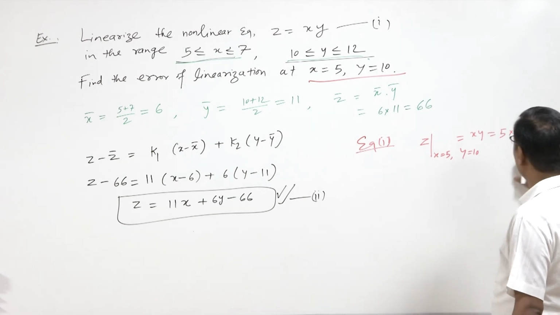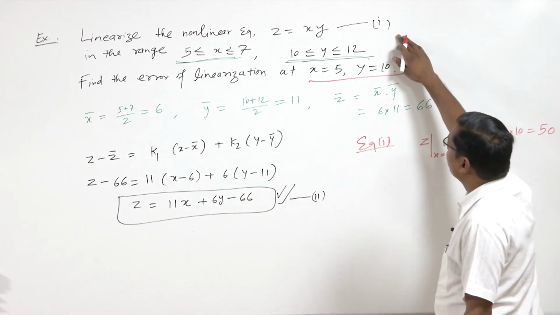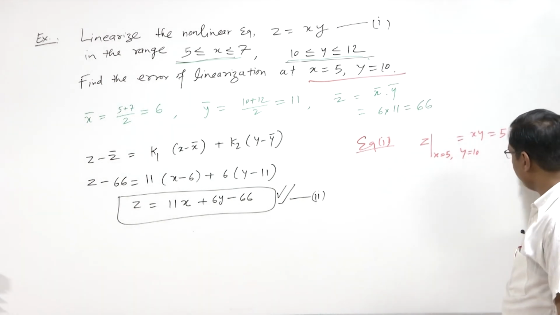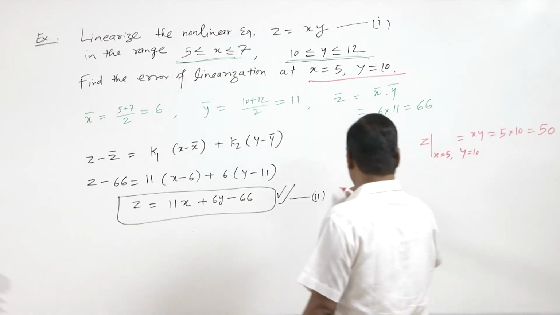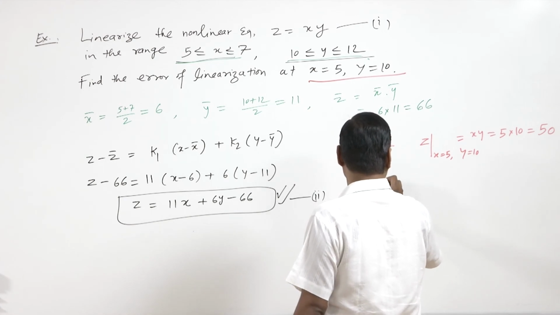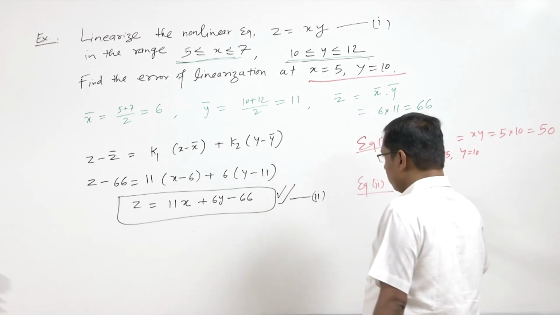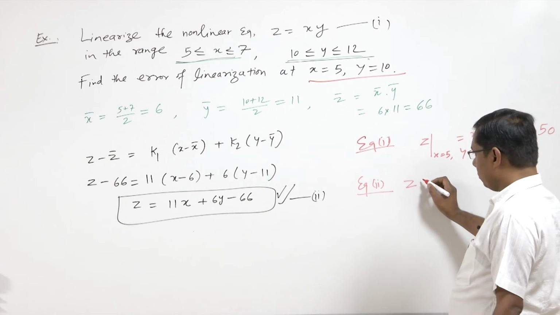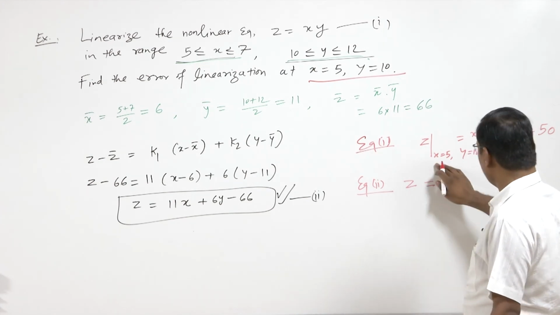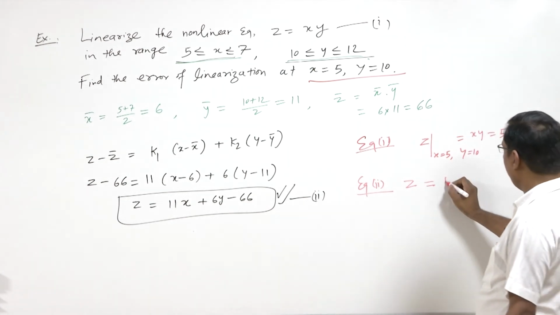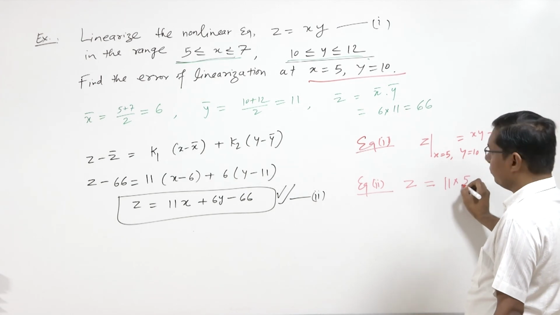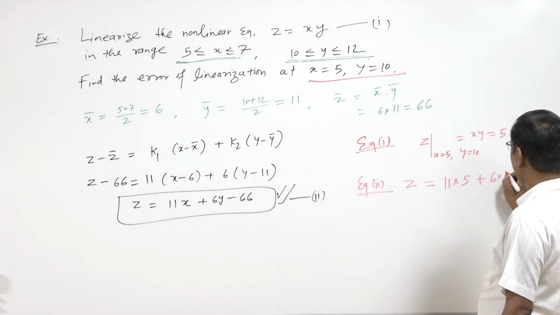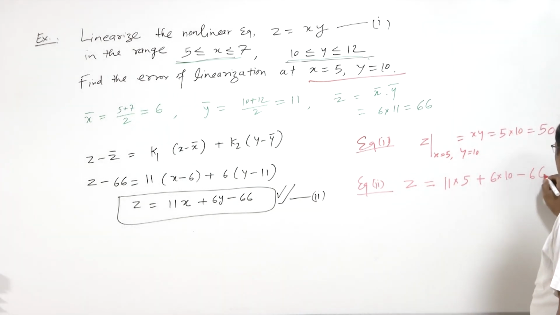This is the correct value according to equation 1, the nonlinear equation. Now, from equation 2, we get z at the same x equal to 5, y equal to 10: 11 into 5 plus 6 into 10 minus 66.